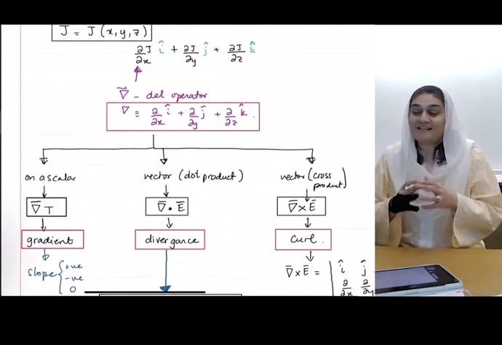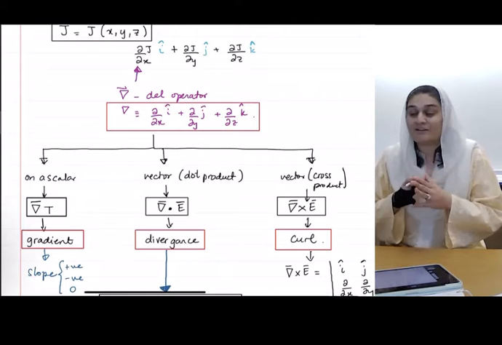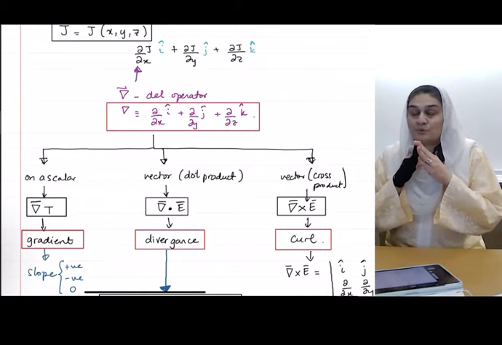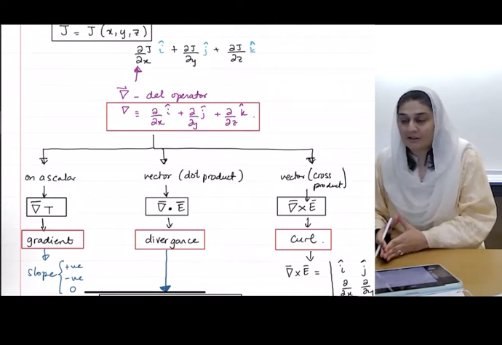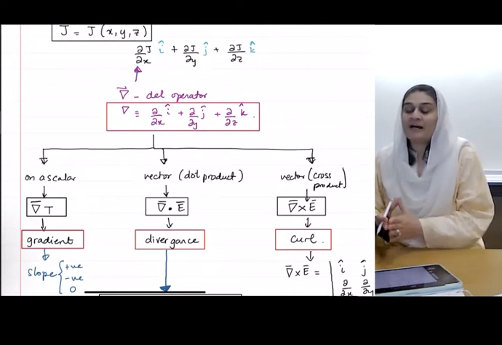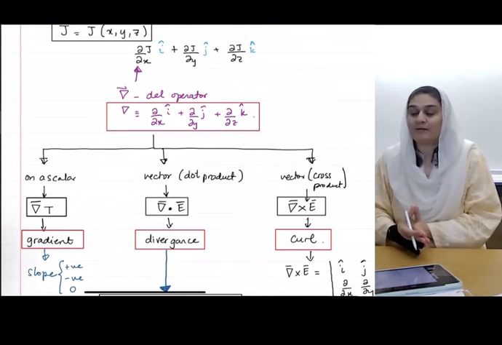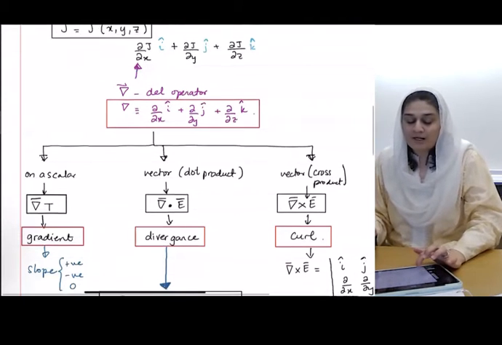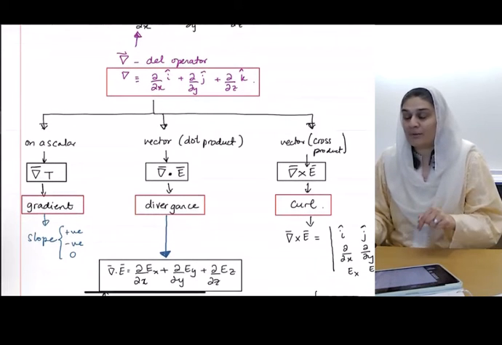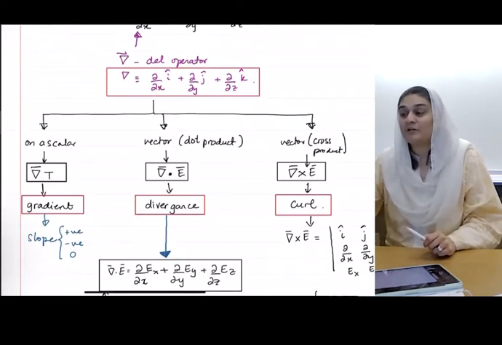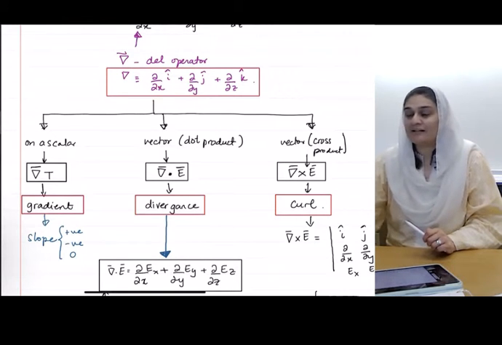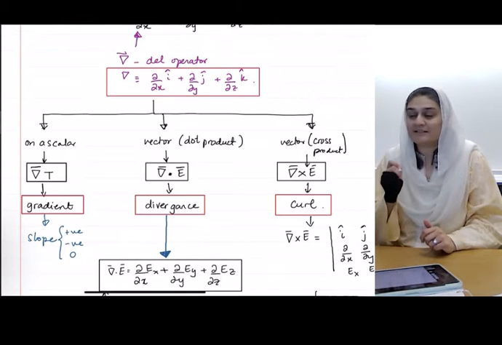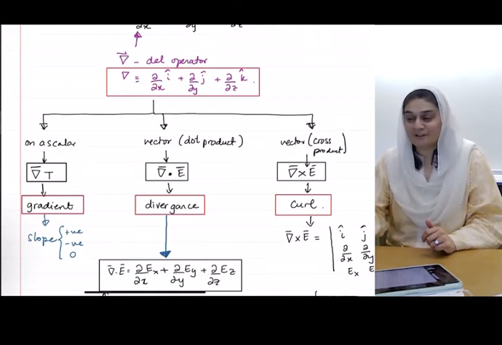We said that this del operator, just like any other vector, can be applied in 3 different ways. It can apply on a scalar, or on a vector as a dot product or as a cross product. When del operates on a scalar, we called it a gradient. When it was a dot product with a vector, we called it a divergence.